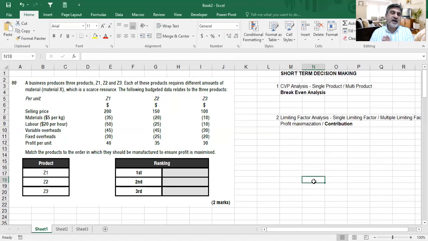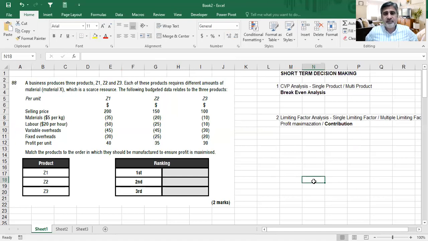So in limiting factor analysis, our focus is that if I have material as my limiting factor, I should be using my material on producing those products which give me maximum contribution. So I rank different products according to their contribution. And then I say contribution per limiting factor. I'm not going to explain this topic here because there is a full lecture video available.